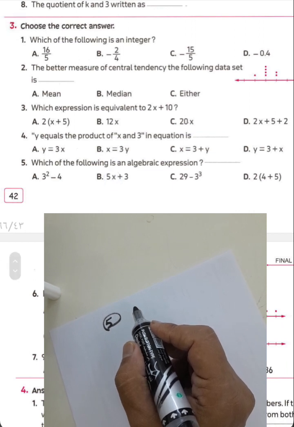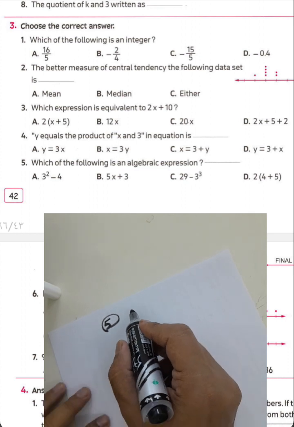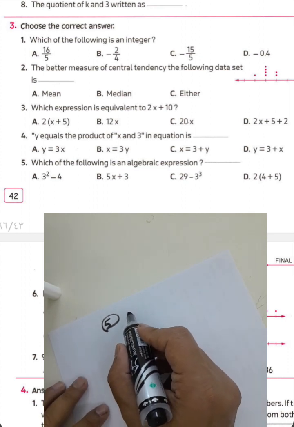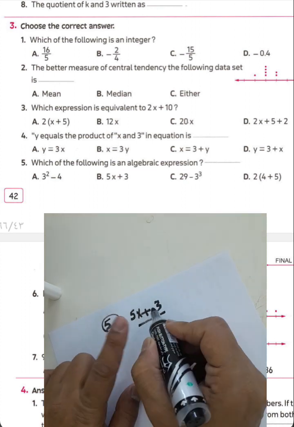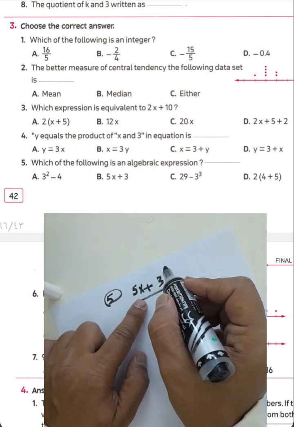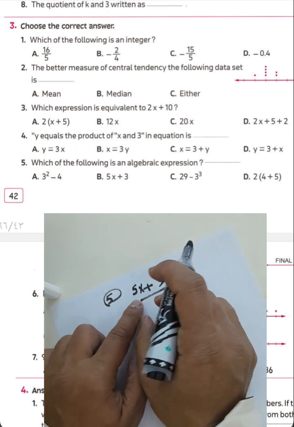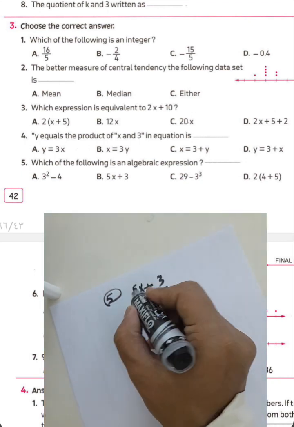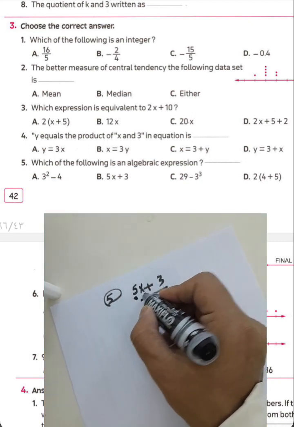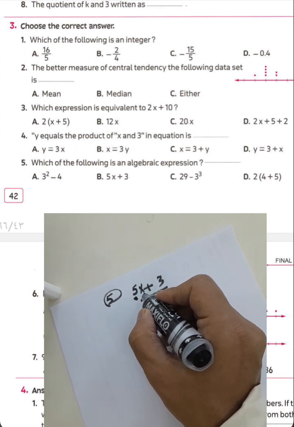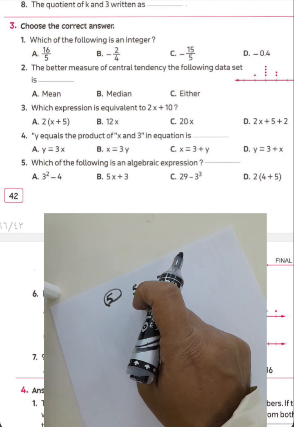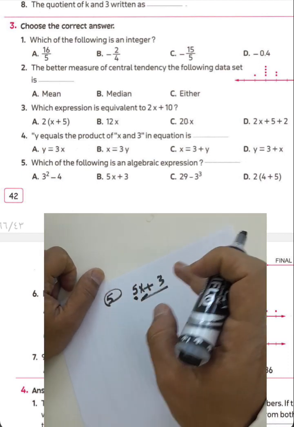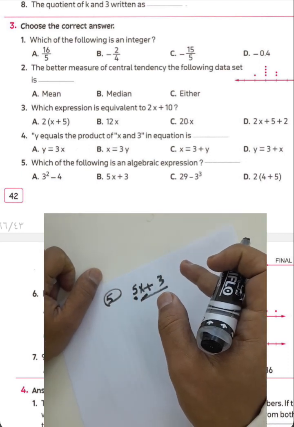It will be letter B. 5x plus 3 we call an algebraic expression. The expression contains two terms, and 5 we call the coefficient, and x here is a variable. An algebraic expression contains factors such as x, y, z letters.